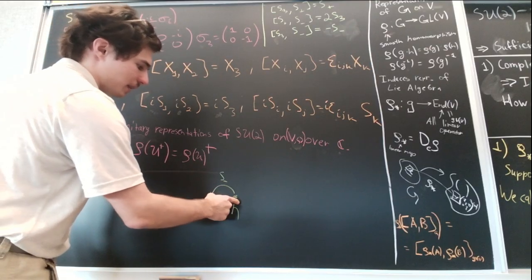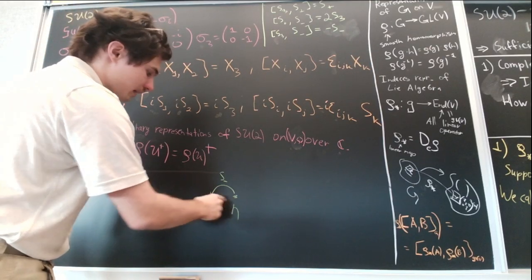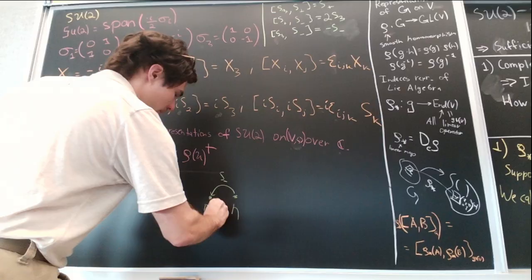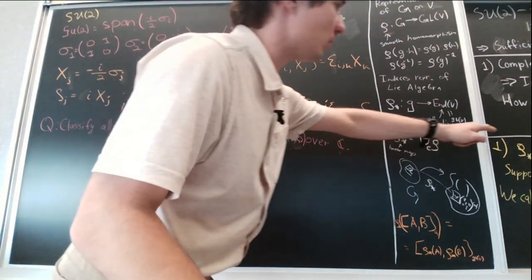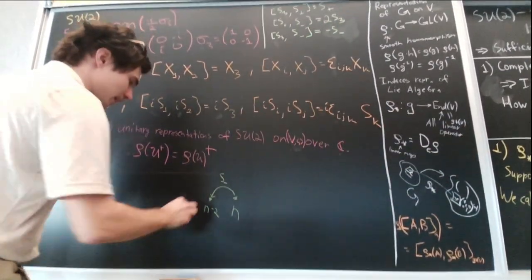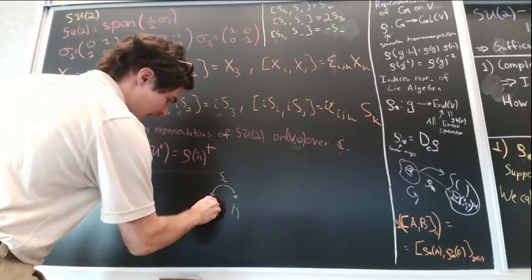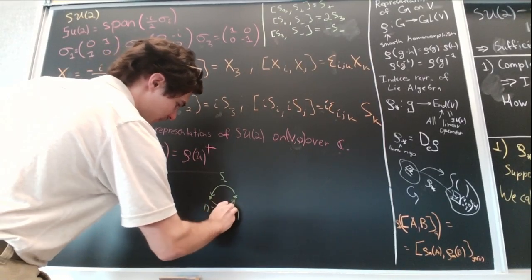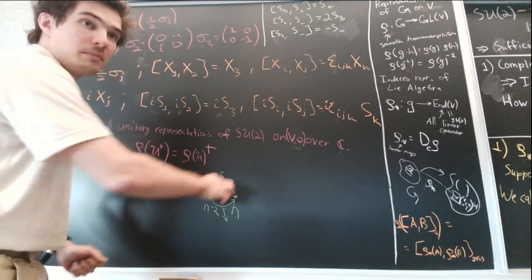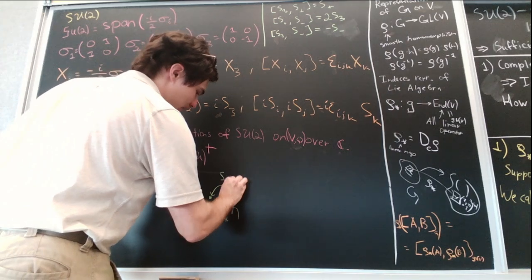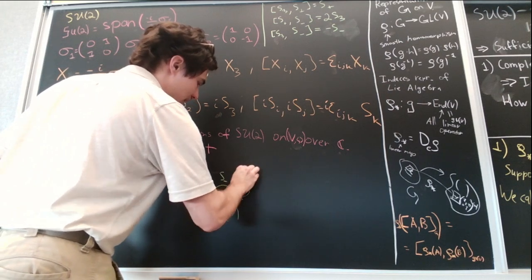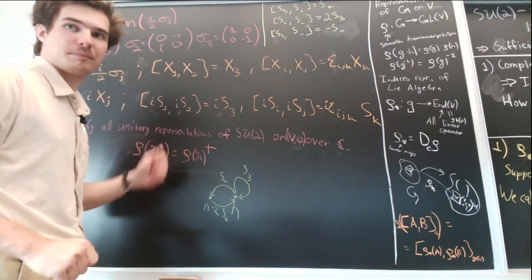If I apply S minus to a vector here, I'm going to end up with a vector that has eigenvalue 1 less. So S minus goes this way. And then I can use S plus to go back up. And S3 keeps everything the same.